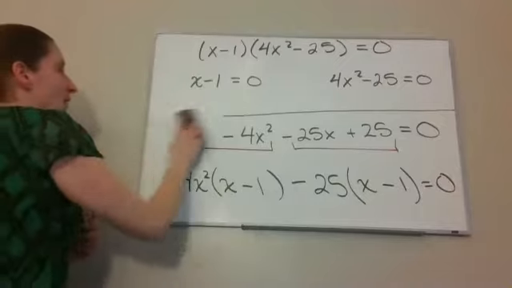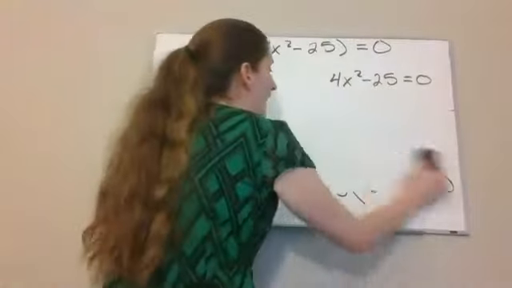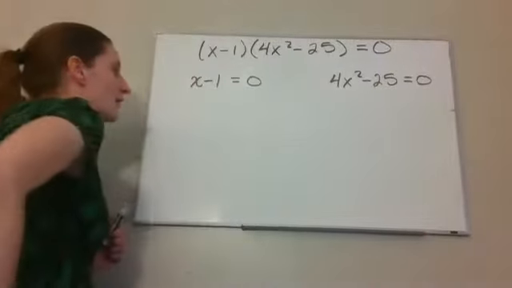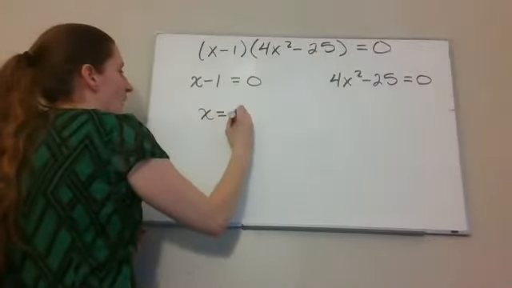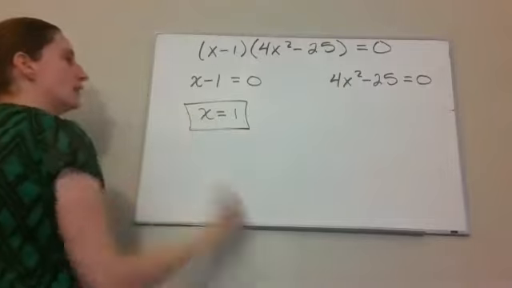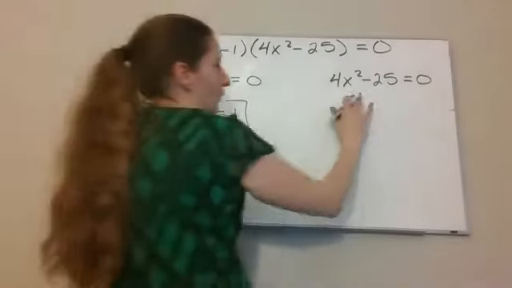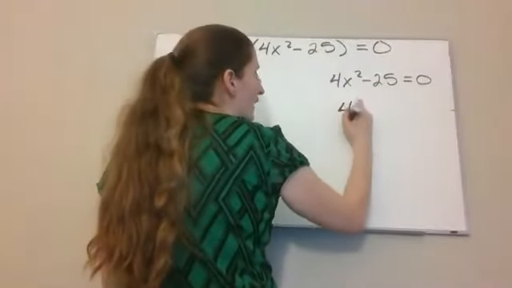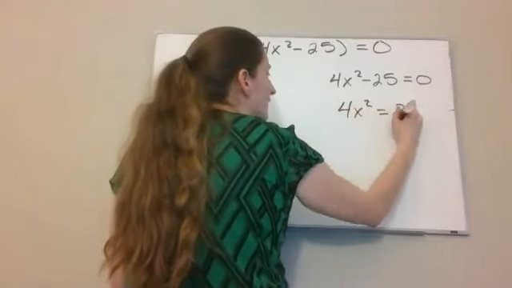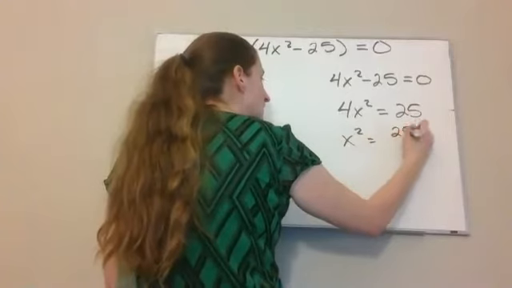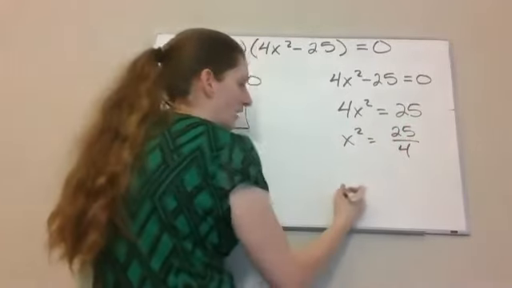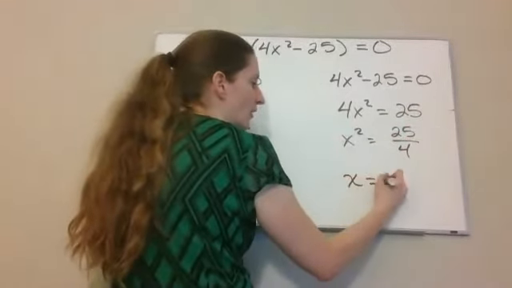Solving x minus 1 equals 0 just involves adding 1 to the other side of the equation. So I get x equals 1. That's one of my zeros. And to solve this equation, I'm going to add 25 to the other side. Divide by 4. And then take a square root using my square root property.